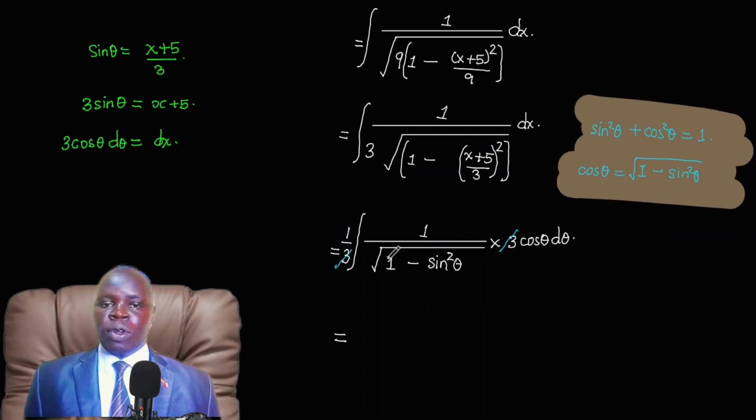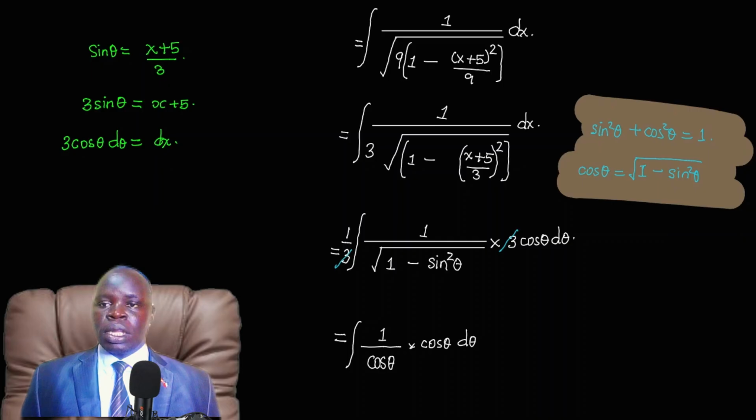Now we can move on and replace our denominator with cos theta. So let's have here cos theta times, now remaining here also cos theta with respect to theta.